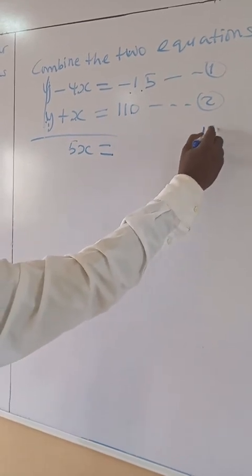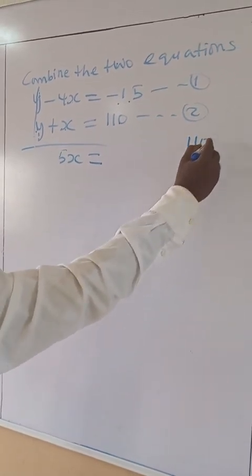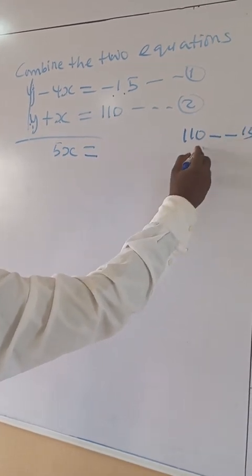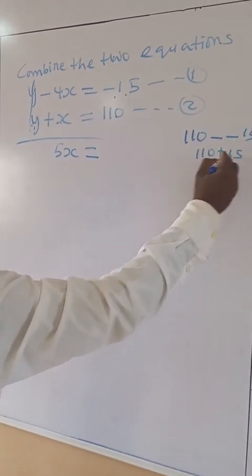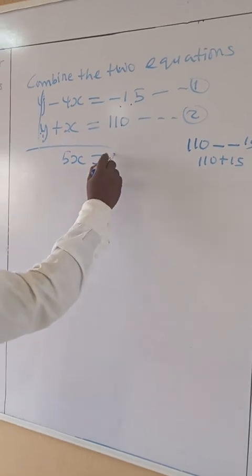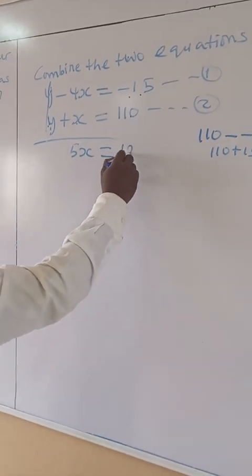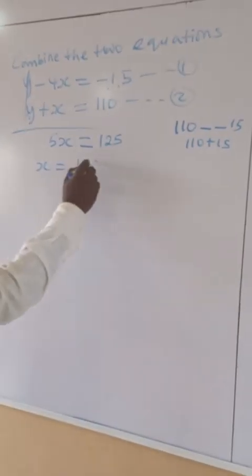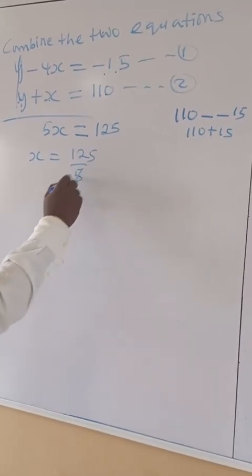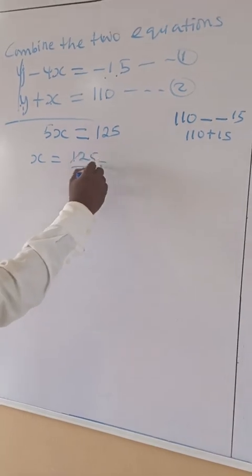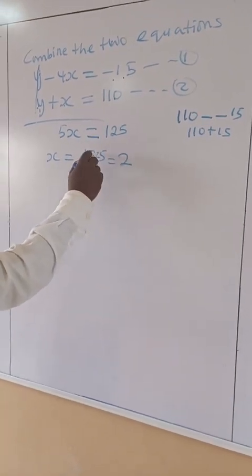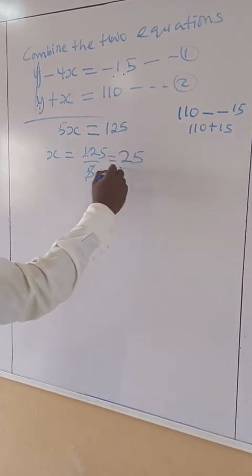Now let's look at it. 110 minus minus 15 changes to 110 plus 15, which equals 125. Then x will be 125 over 5. 5 in 12 is 2, remainder 2. 5 in 25 is 5.